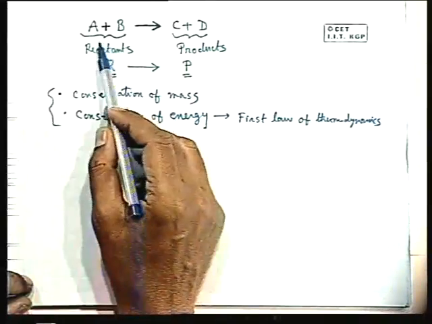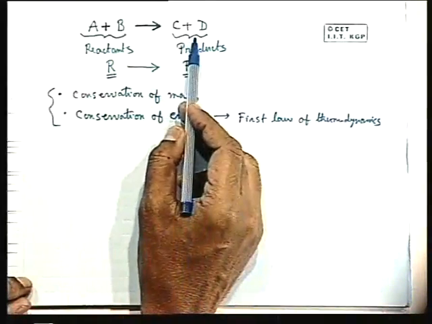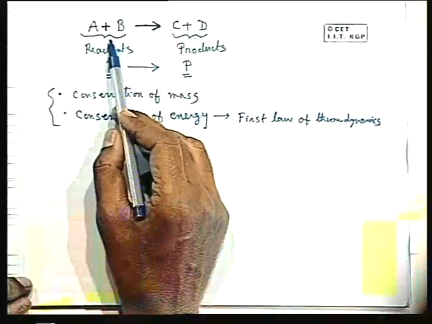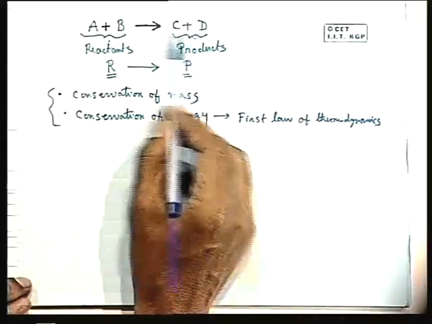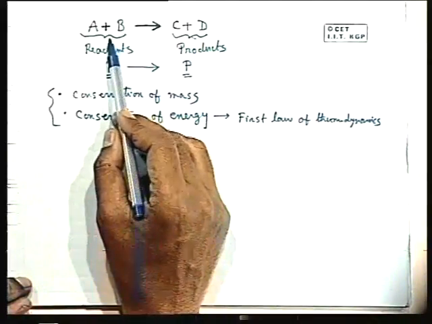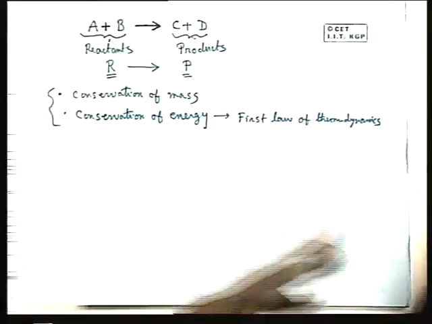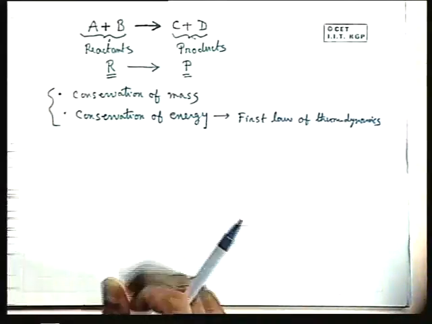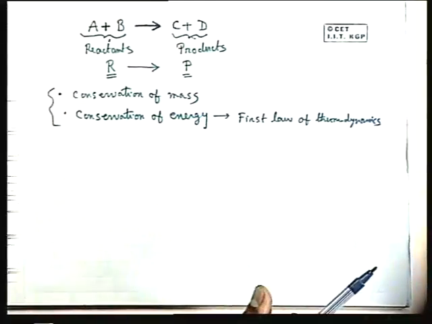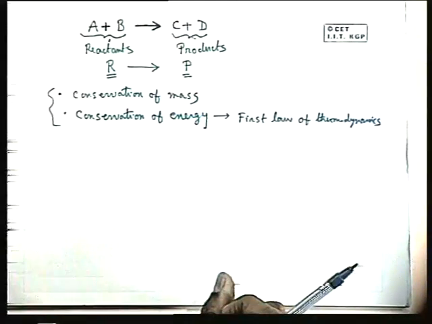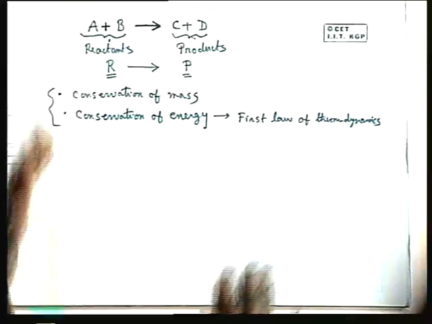For example, in this reaction C plus D may also react to give A plus B. So, when C plus D is formed, this will again react and produce A plus B. The net reaction will go in which direction, whether A plus B will be depleted finally to give C plus D or in the reverse direction, we will come across afterwards, the direction in which the reaction will take place and also the equilibrium composition of the reactants.